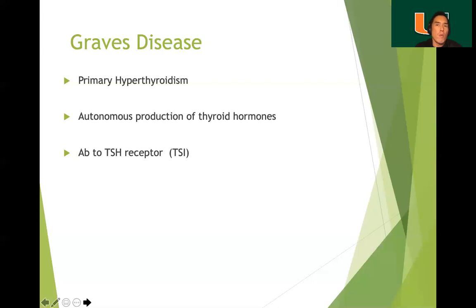In other words, it's a primary hyperthyroidism from the gland. It's actually caused by an antibody to the receptor that binds TSH. We call it TSI. So when you do a TFT, you usually see a very elevated T4 and T3 and suppressed TSH.